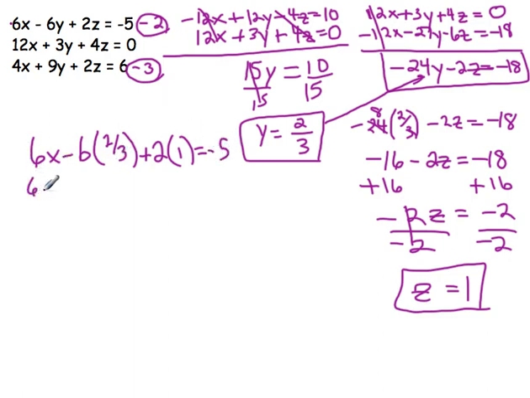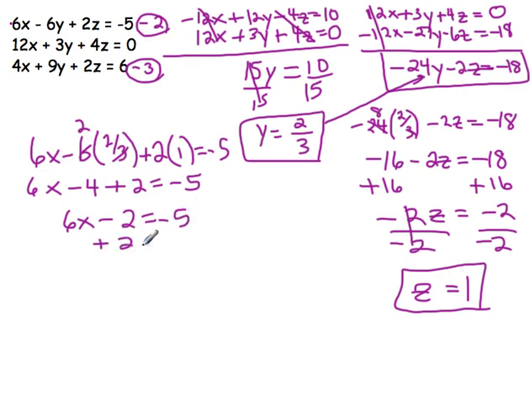Continue, 6x minus 4, because 3 goes into 6 twice, so it'd be 2 times 2, plus 2 equals negative 5. 6x, combine these like terms, it'd be minus 2 equals negative 5. Add 2, so 6x is negative 3. Divide by 6, and x is negative 1/2.